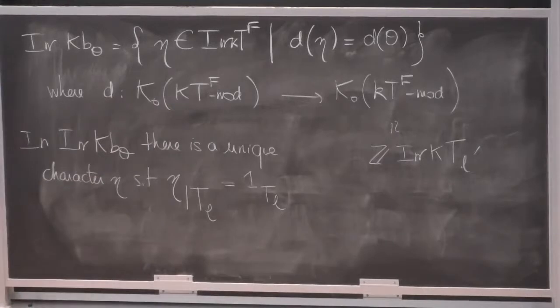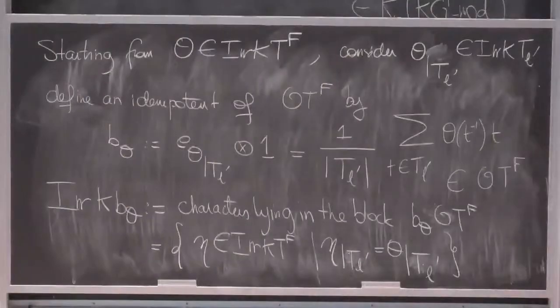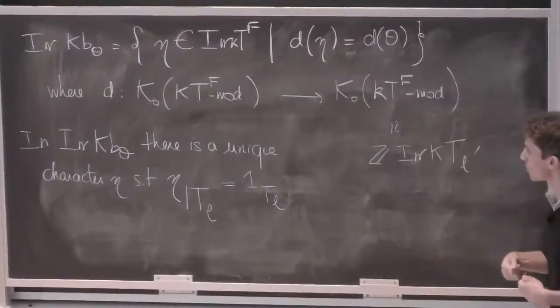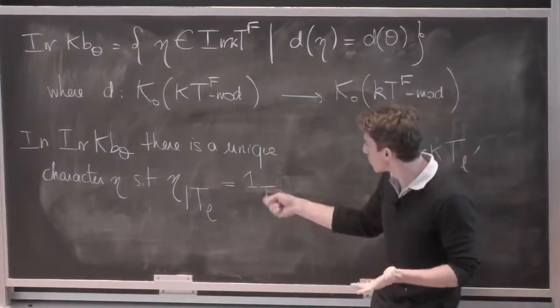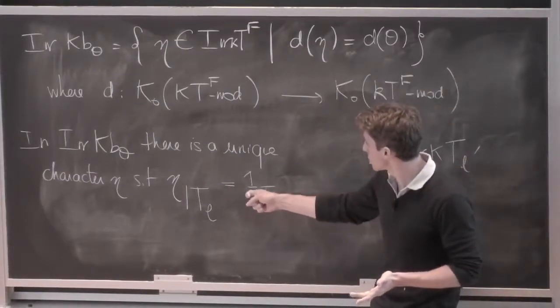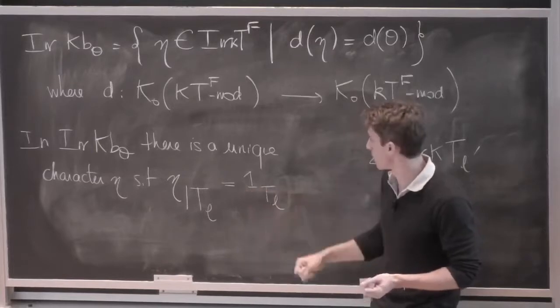I'm saying modulo L, that restriction doesn't matter. You don't see it when you take the decomposition map. But if you lift everything up to characteristic 0, it will matter which one you take. For simplicity, we would like to take the one which is trivial on this L group.